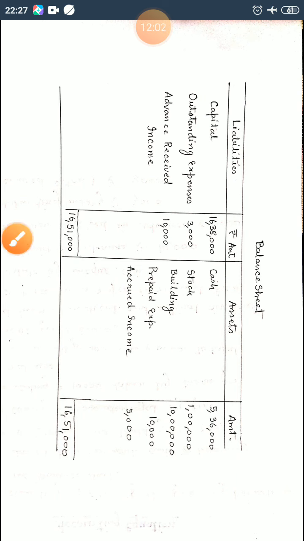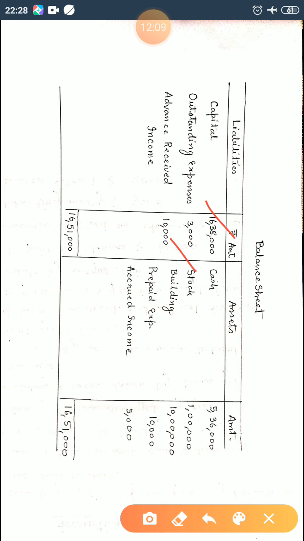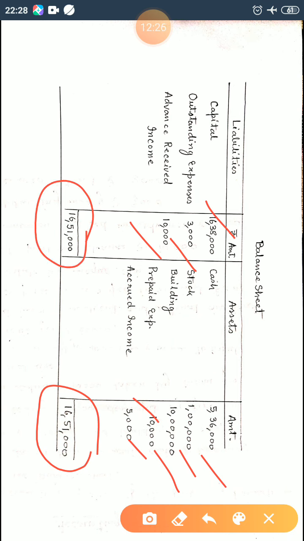In the balance sheet, capital 16,38,000, outstanding expenses 3,000, advance received income 10,000, cash 5,36,000, stock 1 lakh, building 10 lakh, prepaid expenses 10,000, and accrued income is 5,000. So make a total of both the sides and you get to know both are equal.